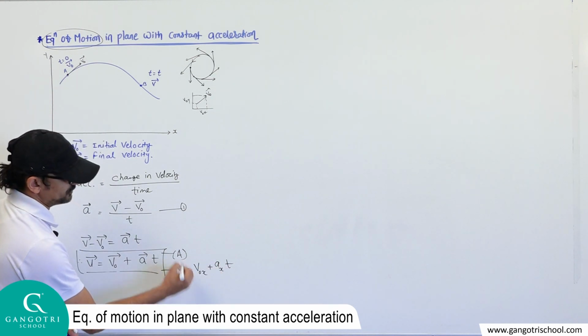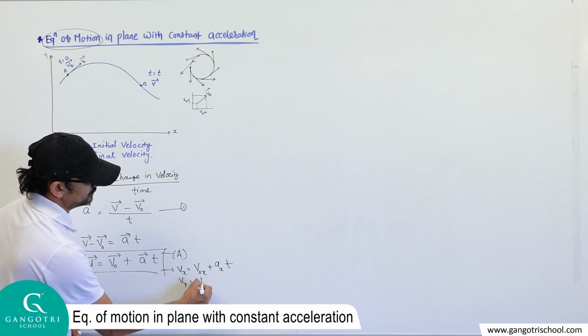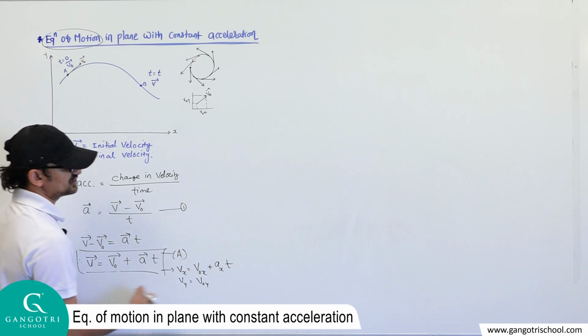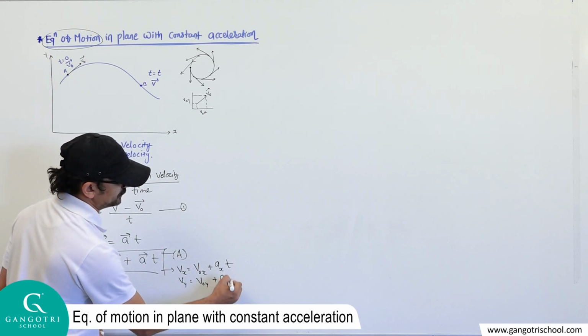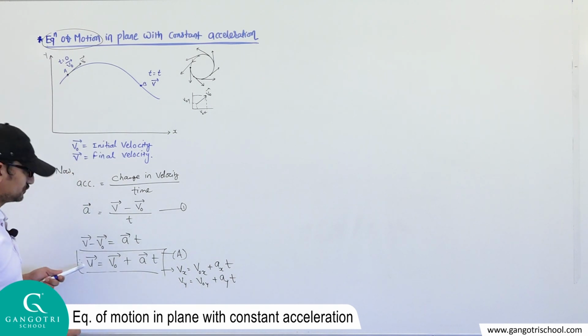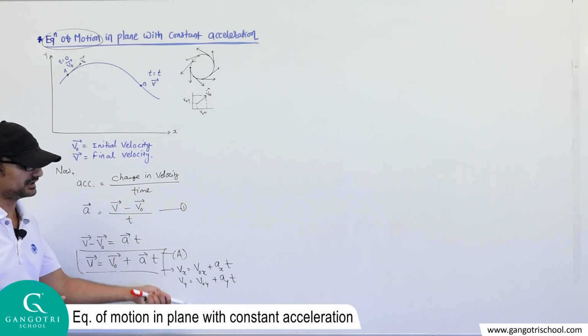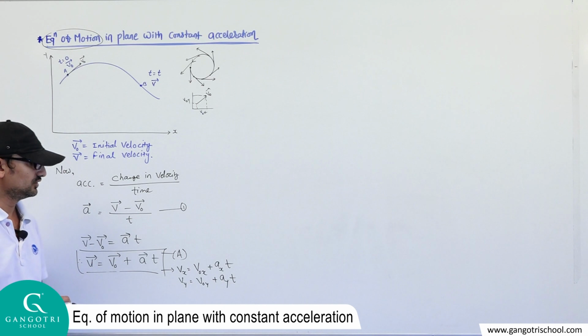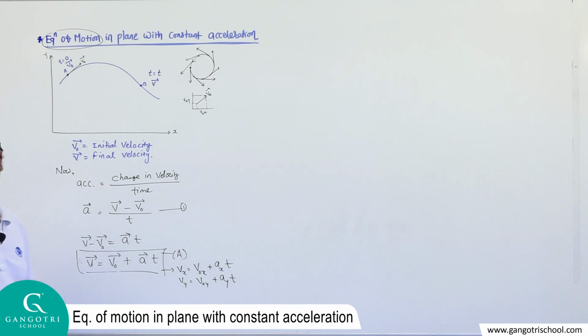Similarly, y component of final velocity equals y component of initial velocity plus y component of acceleration into t. So this equation can be written in terms of its components in this way. So remember, this is the equation of motion.